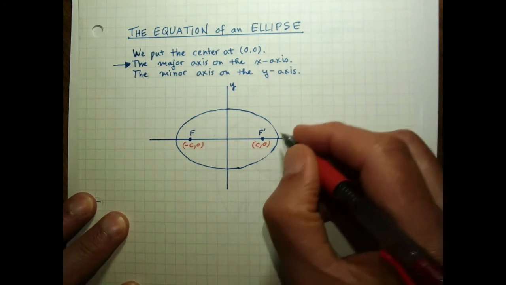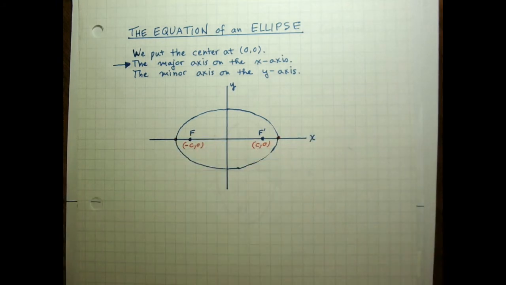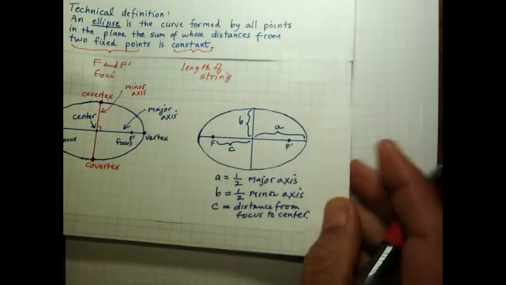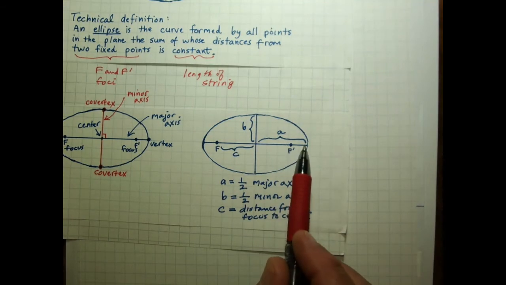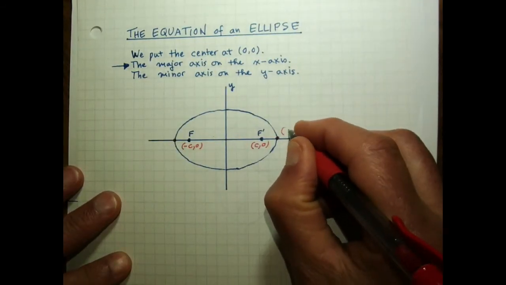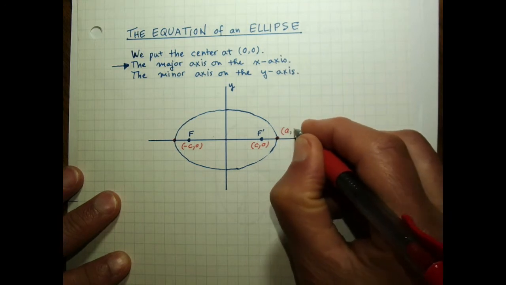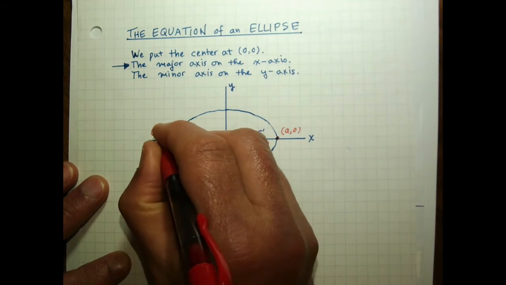And what else do I want to label? I'm going to label my vertices. Now, we already talked about how the length A was the distance from the center out to a vertex. So this vertex in a coordinate system, A will be its x-coordinate, y-coordinate is 0. At this point, we'll be at (-a, 0).